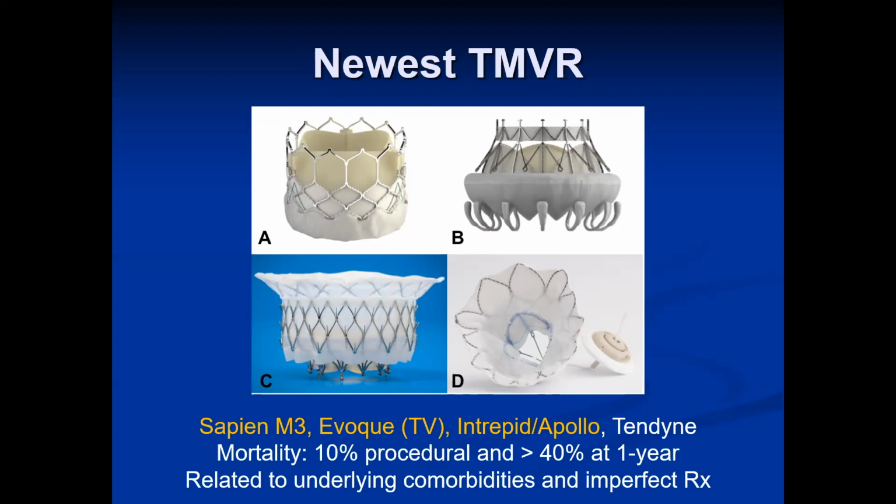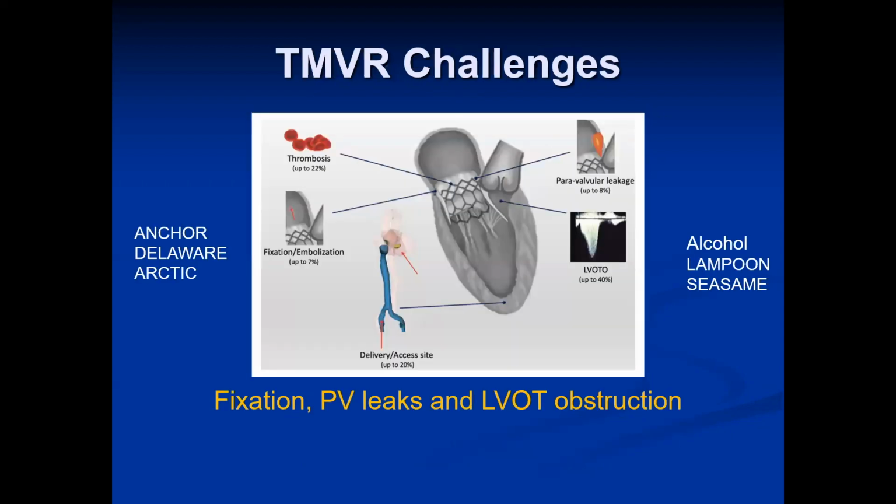But again, if you look at the mortality for patients who undergo transcatheter mitral valve replacement, you're talking about 10% procedural mortality across the country and a 40% fatality at 1 year. Again, perhaps we're dealing with a very sick patient population, so it's probably a combination of imperfect therapies and very long-standing comorbidities.